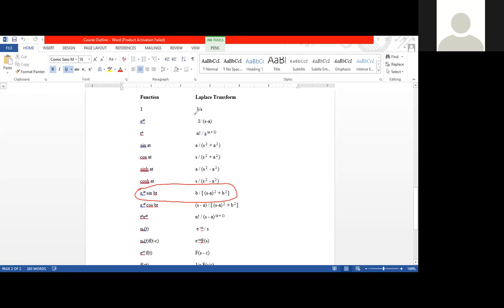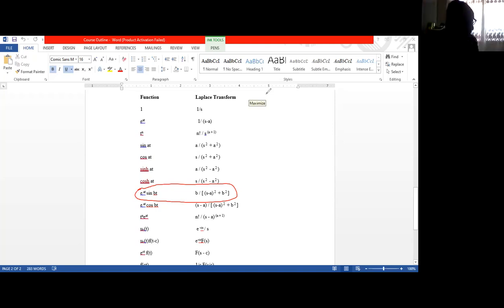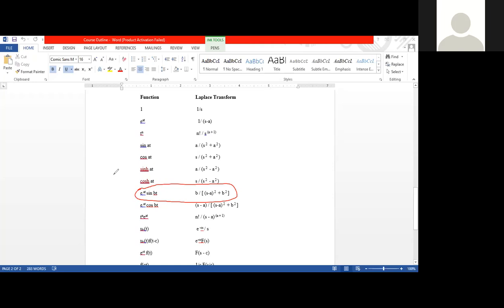Sir. Yes. In the completed square, you have 17 over 36, and I get 17 over 6. You get 17 over 6. Yes, sir, maybe I was looking at my calculator wrong.